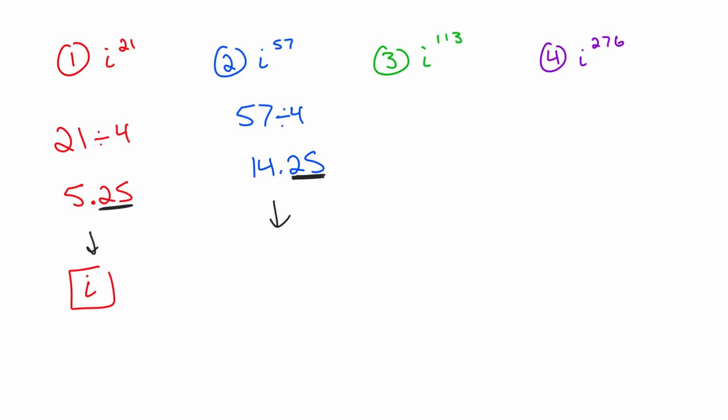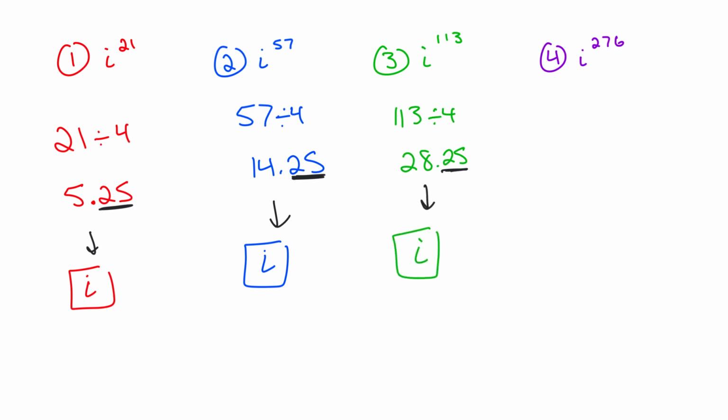Therefore, it's going to be the first pattern in the cycle. I'm going to take the 113, divide it by 4, and I'm going to get 28.25. Man, I chose a bunch of problems that all end in 0.25. The remainder is 0.25. That means it's the first number in the cycle. That means the answer is i.